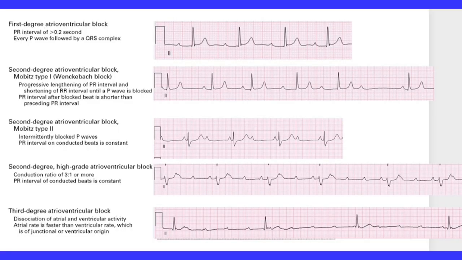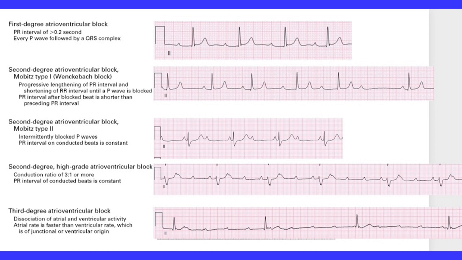This slide is important. The top strip shows first degree atrioventricular block, that is where the PR interval is prolonged beyond 0.2 seconds, but every P wave is followed by a QRS complex. The second strip shows second degree atrioventricular block, or Mobitz type 1, or Wenckebach.